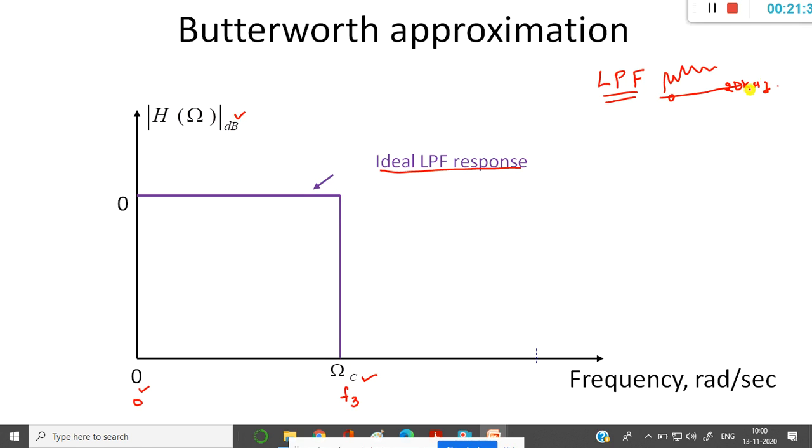Within this, let me assume I need only the first half, the lower frequency values, from 0 to 10 kilohertz. I call this 10 kilohertz omega c, which is the cutoff frequency.